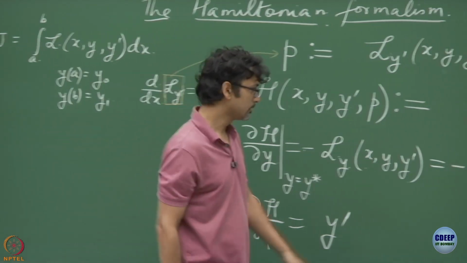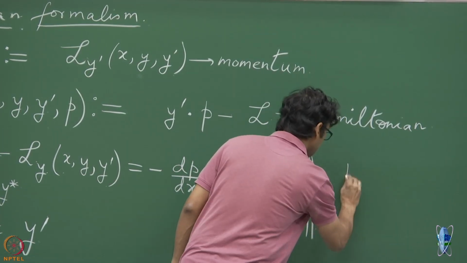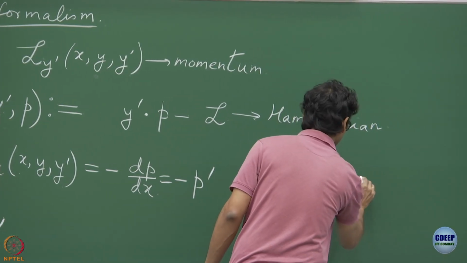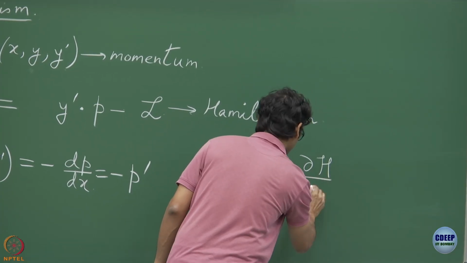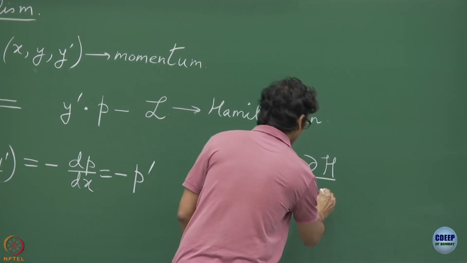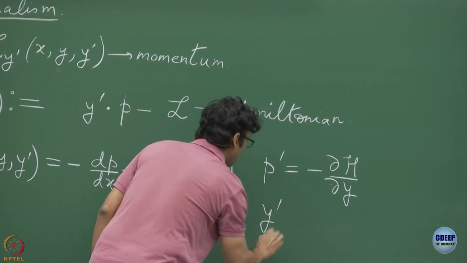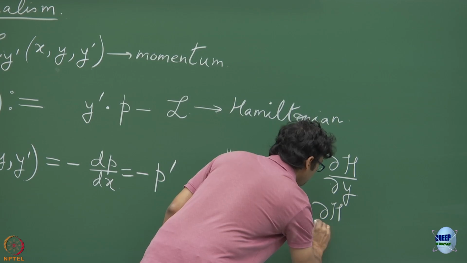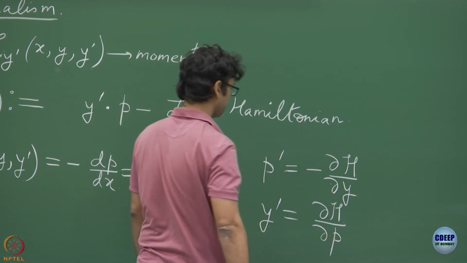In other words, what we have just derived are the following two equations. p prime is equal to minus the partial of the Hamiltonian with respect to y, and y prime is the partial of the Hamiltonian with respect to p.